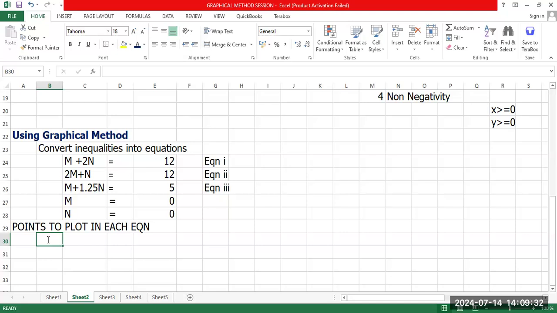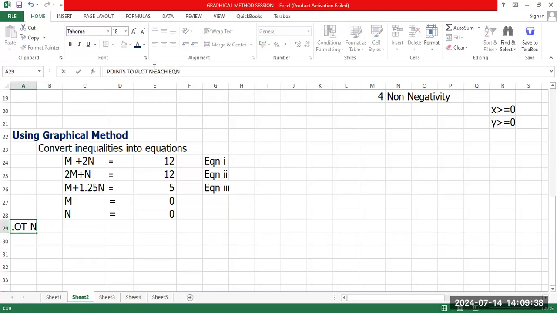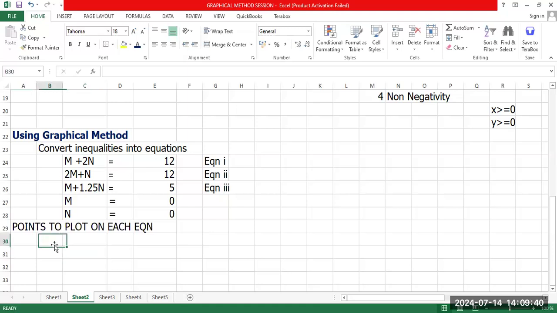Remember, we are interested in a line. So you must have 2 points so that you join the first point to the last point. Keep that in your mind.